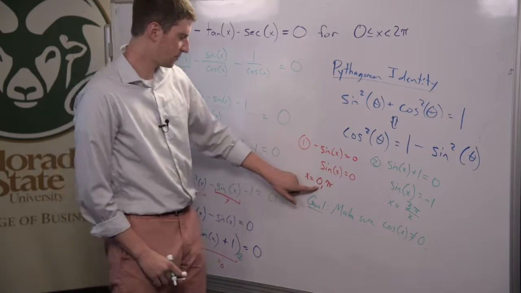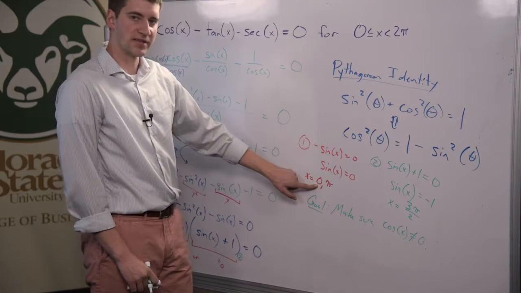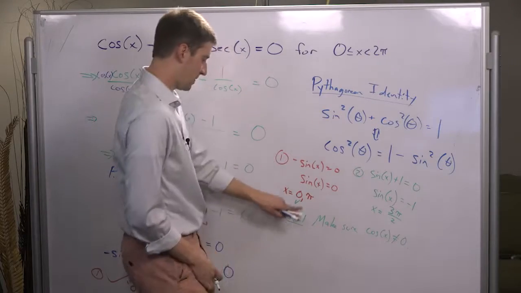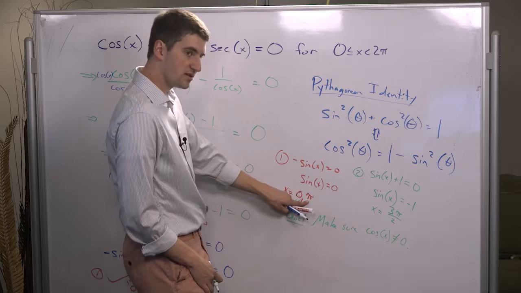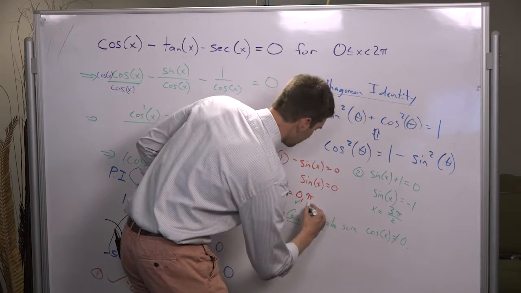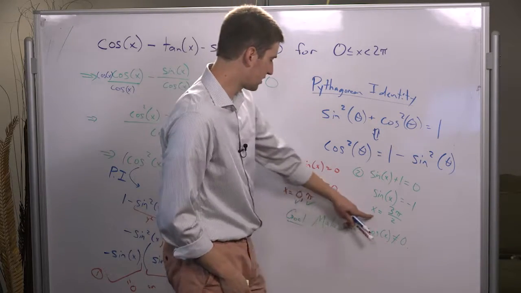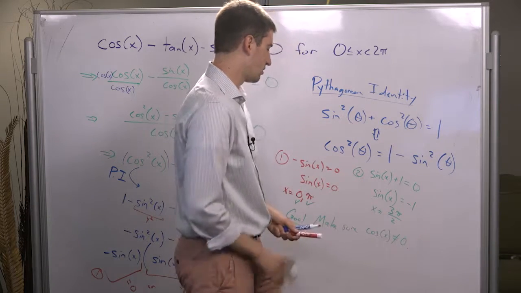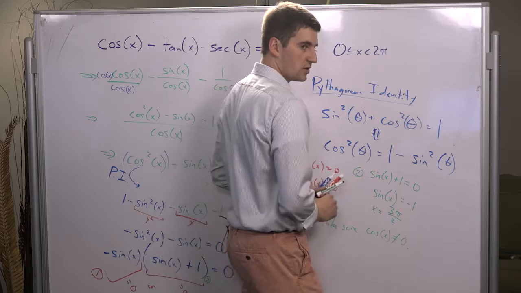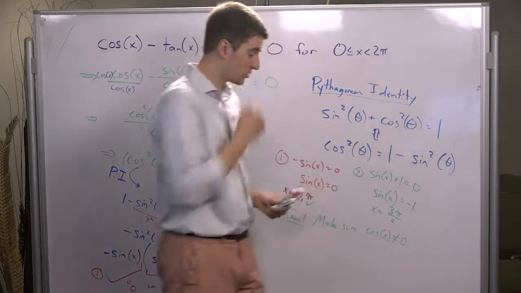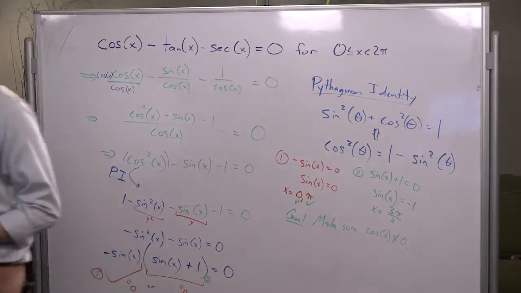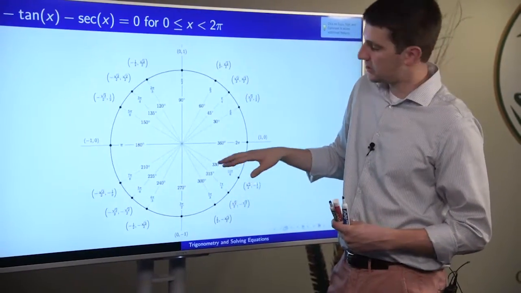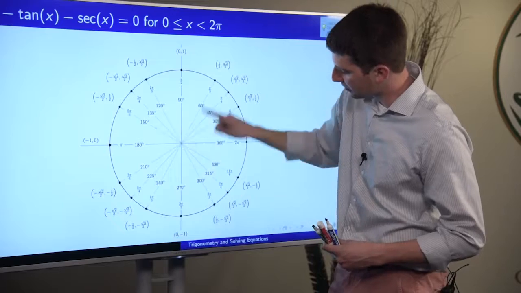So cosine of 0 is actually 1, so that's okay. So this one is perfectly fine. Cosine of pi is -1, so that's perfectly fine. And let's figure out this other one. x equals 3 pi over 2. And just for this one, let's look at the unit circle one more time. So the argument is 3 pi over 2, so we're looking for an angle of 3 pi over 2.